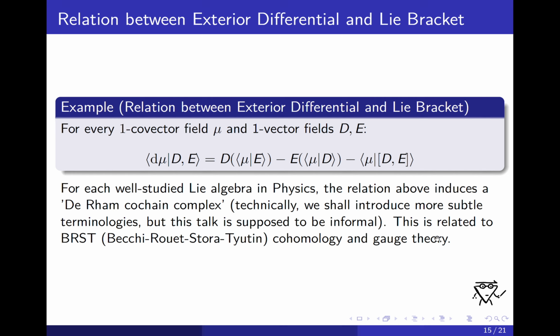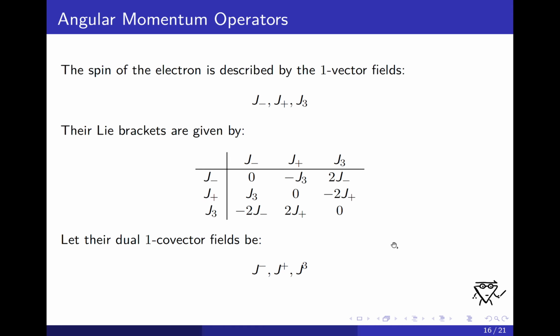This is related to BRST cohomology and gauge theory. As an example, we introduce some very famous and well-studied Lie algebras in physics, and we construct the cochain complex.